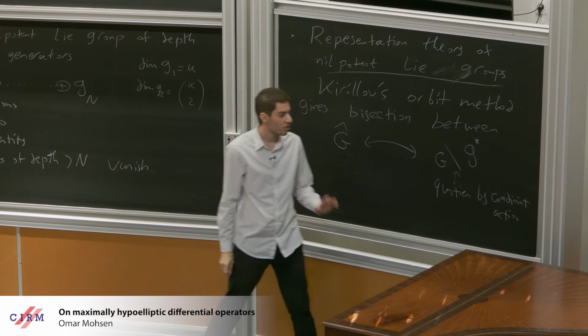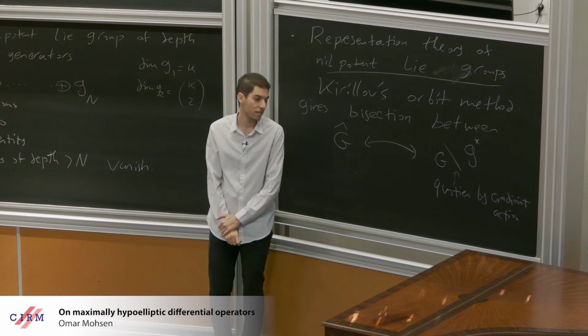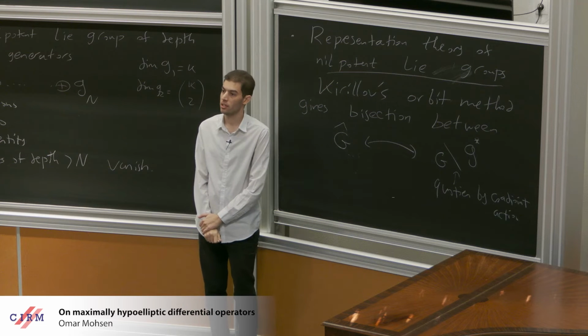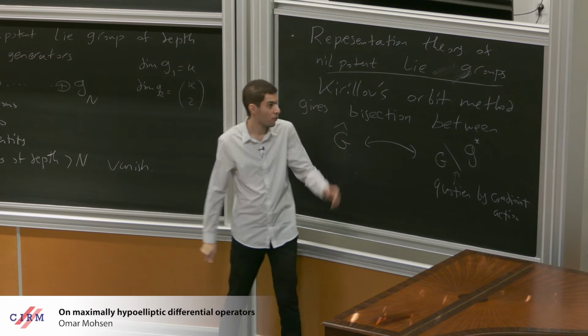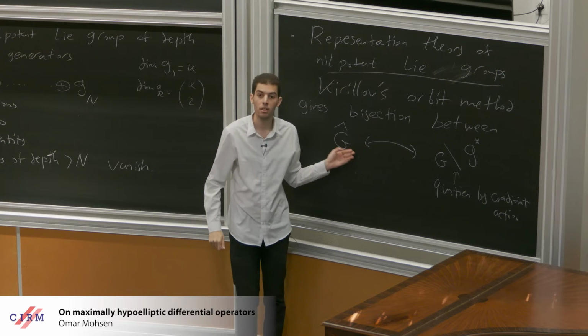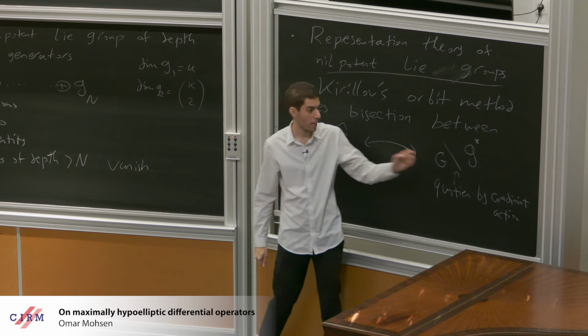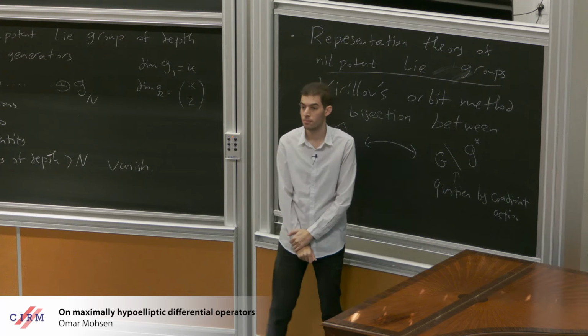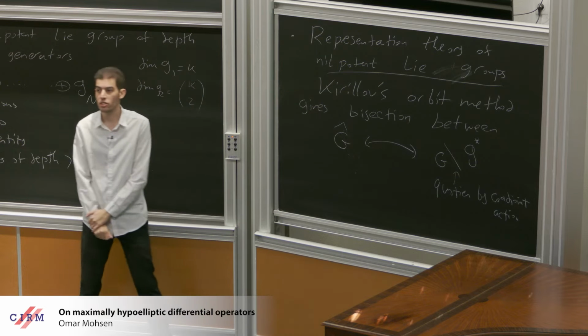More or less, we saw hints of this theorem in yesterday's talk on the theta correspondence with the Heisenberg group. But it's true for any nilpotent Lie group that you have a bijection between irreducible unitary representations and coadjoint orbits.